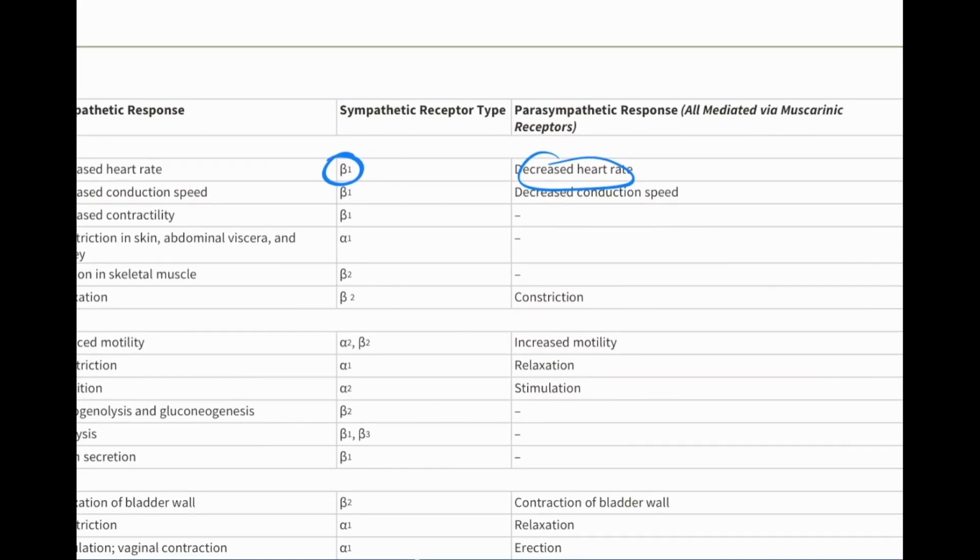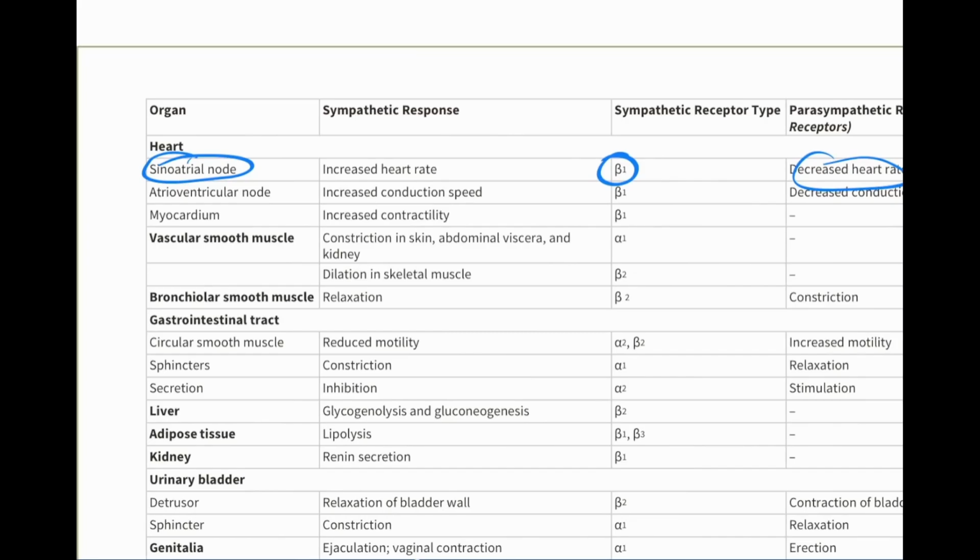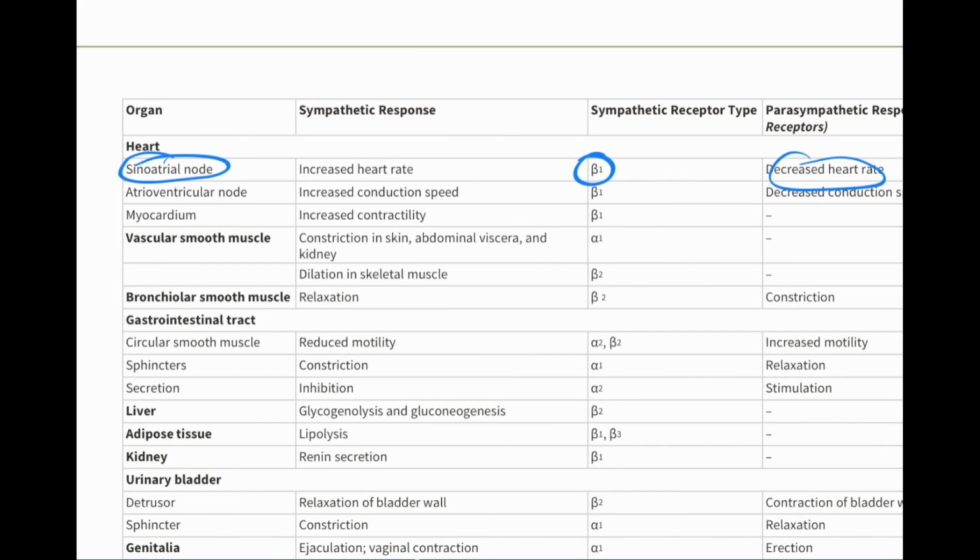All mediated via muscarinic receptors. Why? It's autonomic. If it was somatic, then it would be nicotinic. But we're not somatic. So, sinoatrial node with sympathetic response through beta 1 activation, you're activating those beta 1 receptors, heart rate goes up.